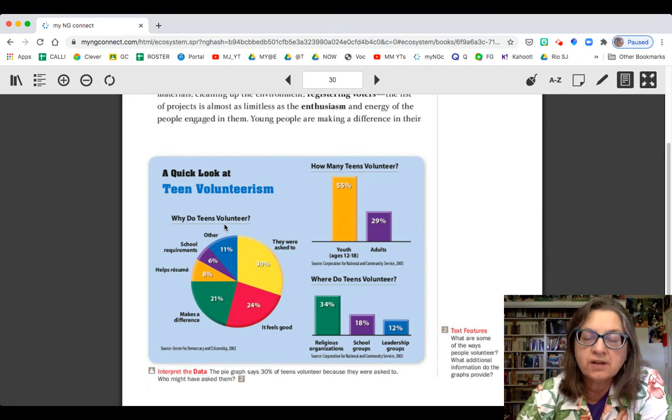Why do teens volunteer? A couple of different reasons here. They were asked to. It feels good, makes them happy to do it. It makes a difference. And that goes back to the theme of the article. They're changing the world. It helps their resume.